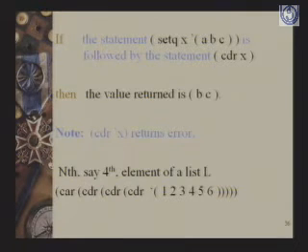Now in some situations, it may be possible that we want the nth element, say the fourth element. We are not interested in the first element of a given list, but rather in the fourth element. Then what should we do? Well, in this particular case, if it is the fourth element, we can apply CDR 3 times.